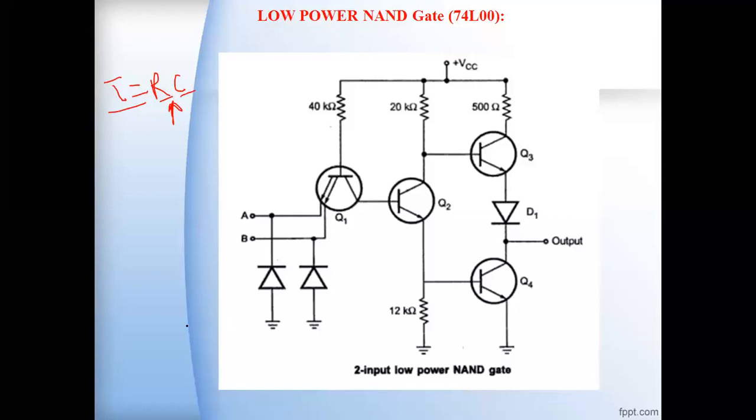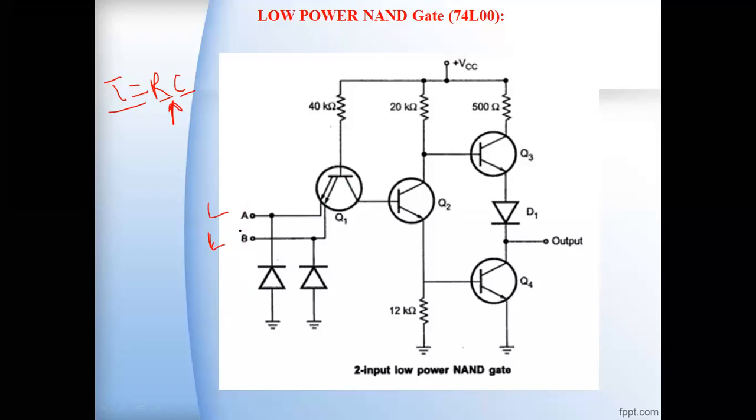So let's see with one or two combinations of inputs. Let's take both the inputs at the lower values. When the two inputs are at logic low values, the transistor Q1 conducts only for lower emitter values. If you have a higher emitter voltage, the transistor will be in the off state.